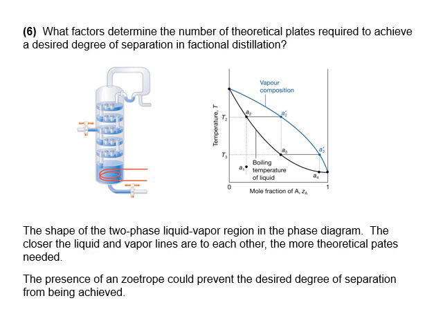The closer the liquid and vapor lines are to each other, the more theoretical plates you need. In addition, the azeotrope also has important consequences on the separation. The presence of the azeotrope will prevent the desired degree of separation from being achieved.